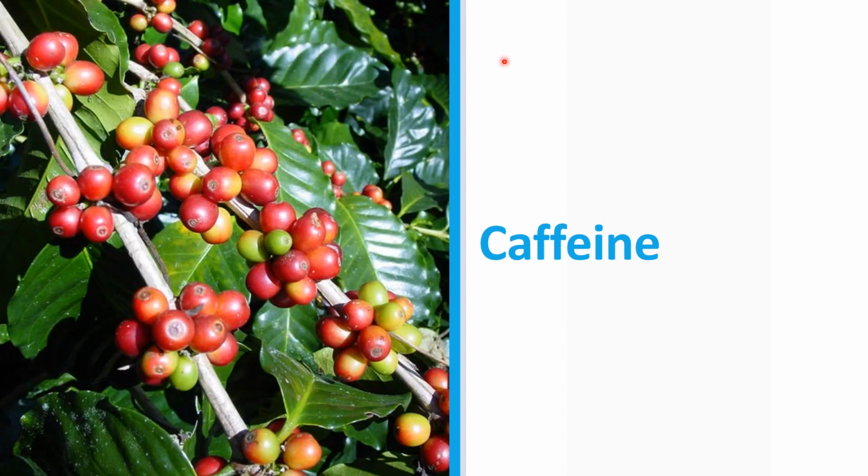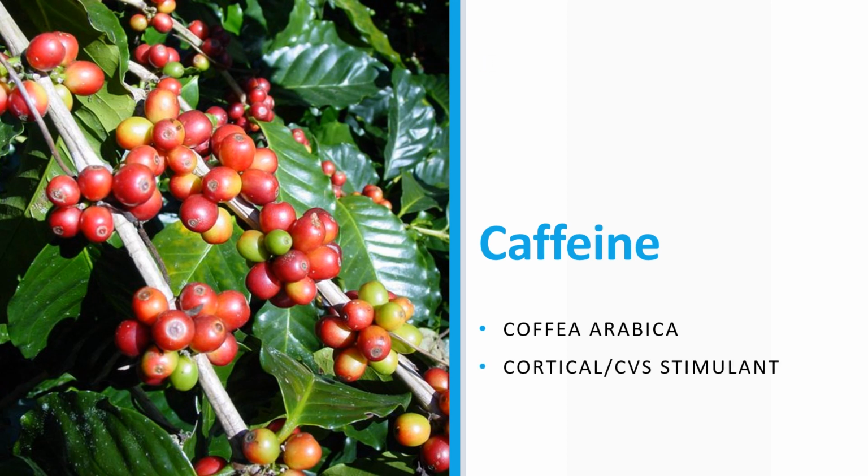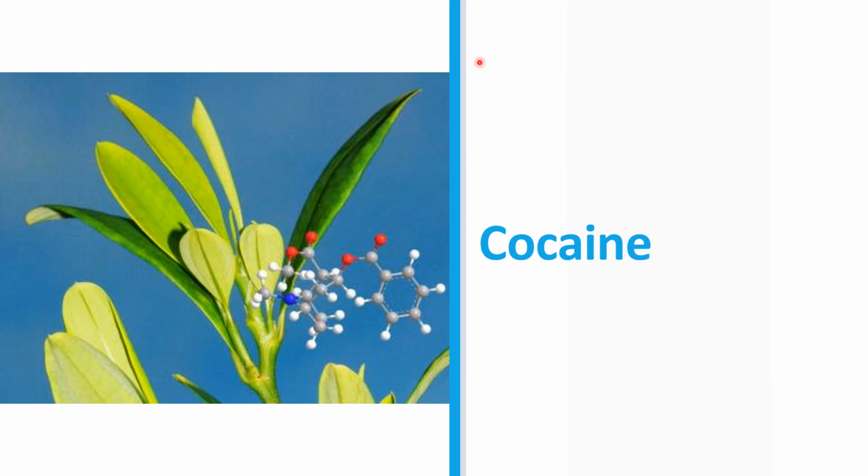The next alkaloid is caffeine. Caffeine comes from the plant Coffea arabica, and its pharmacological action is cortical and cardiovascular stimulant. The next is cocaine.